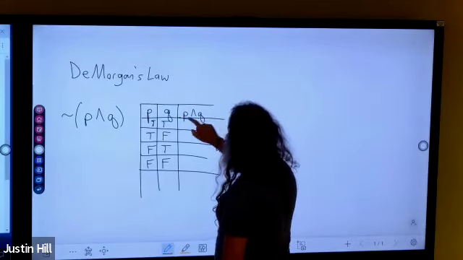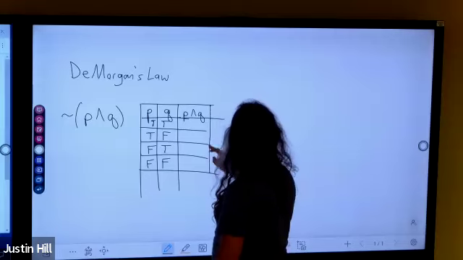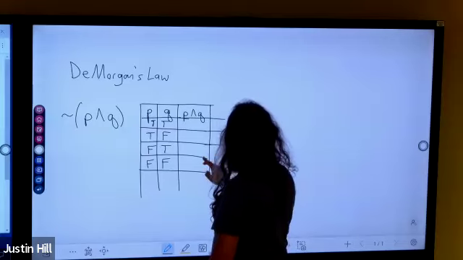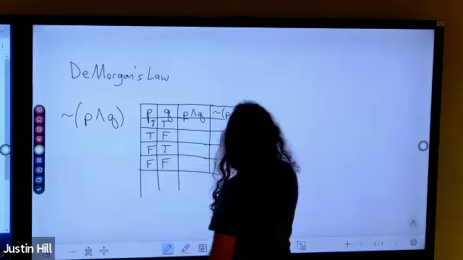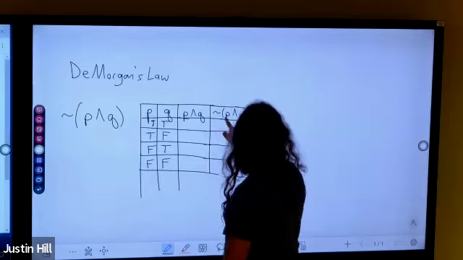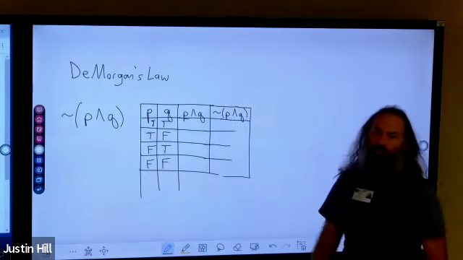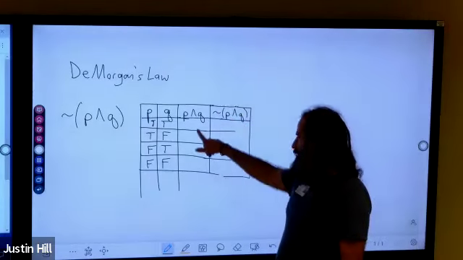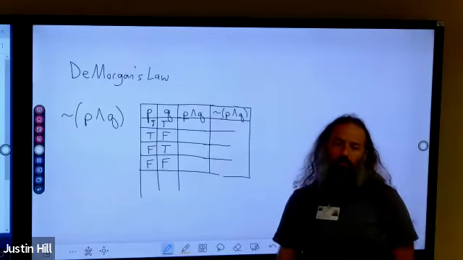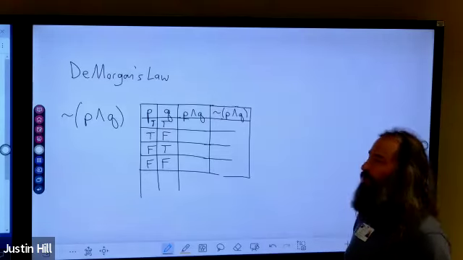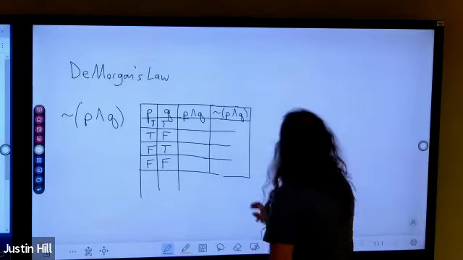We need P and Q, and then we need to negate whatever we get for P and Q. That gives us the truth values for the final statement. So literally, this reads: not (P and Q).